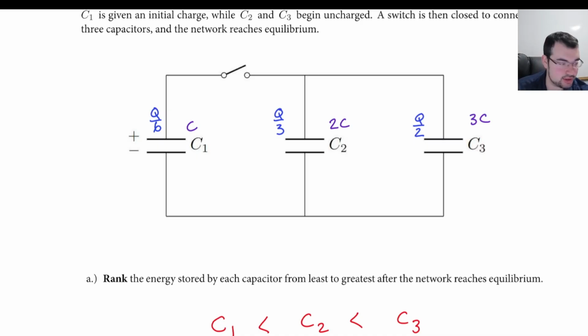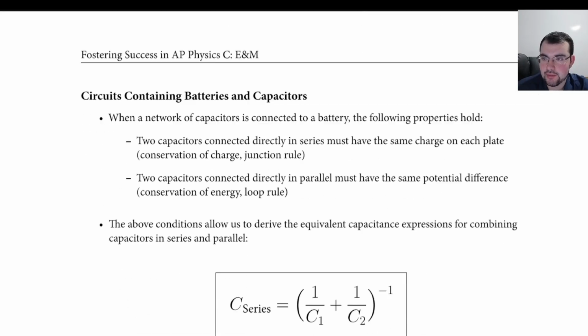We can see that works, because Q over C gives 1/6 Q over C each time. So it actually does work, but that's not what we wanted to do.